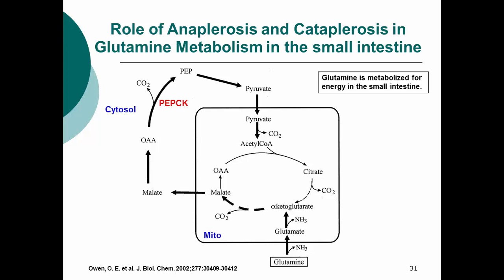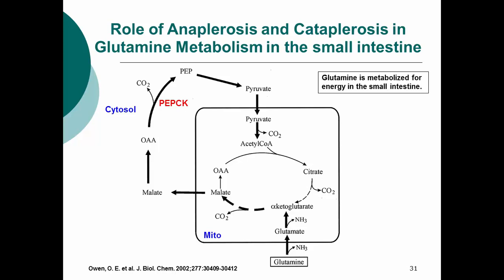So glutamine can be utilized as energy in the small intestine, and glutamine is first of all converted to alpha-ketoglutarate, right, an intermediate of the TCA cycle.